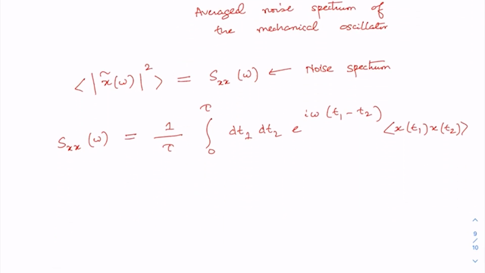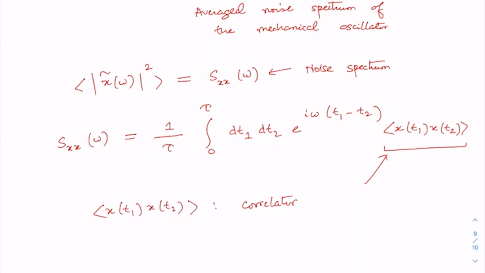Okay, this is what I have, and this particular quantity, the average of x at t1 and x at t2, is known as the correlator. This is an important quantity, the displacement at two different times.